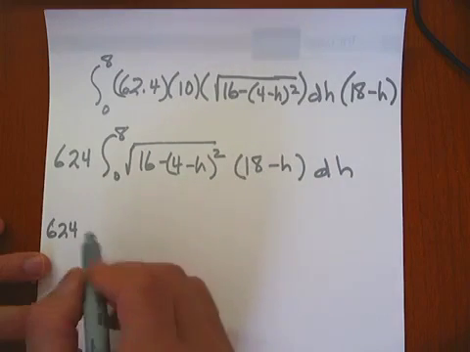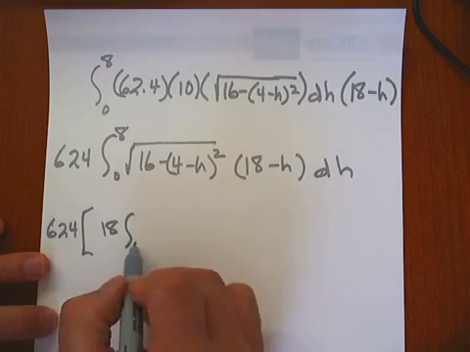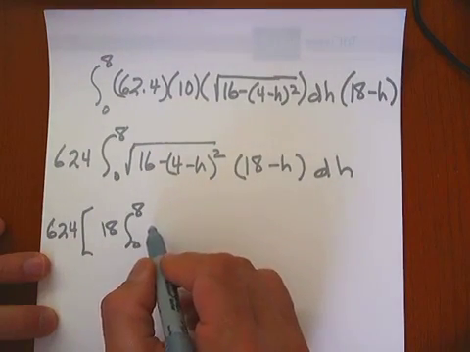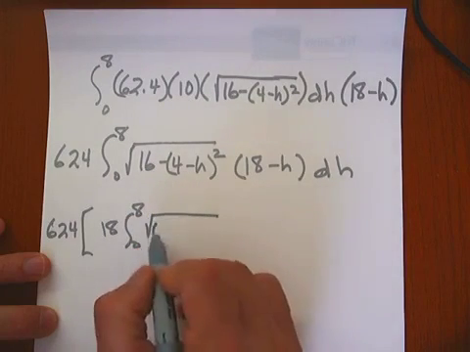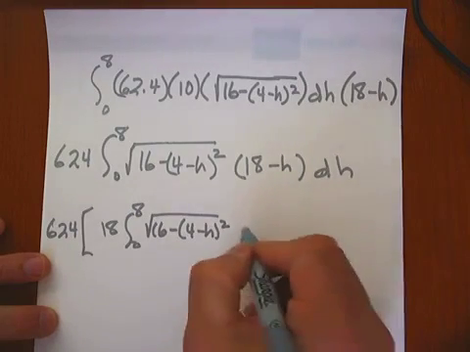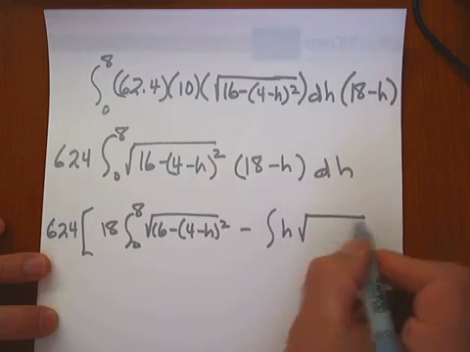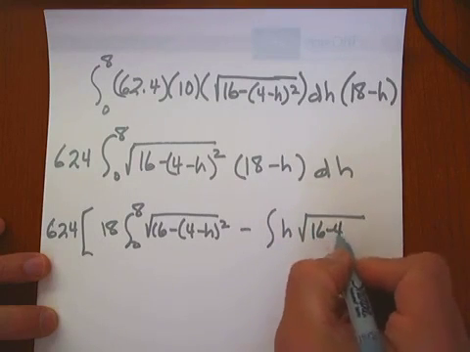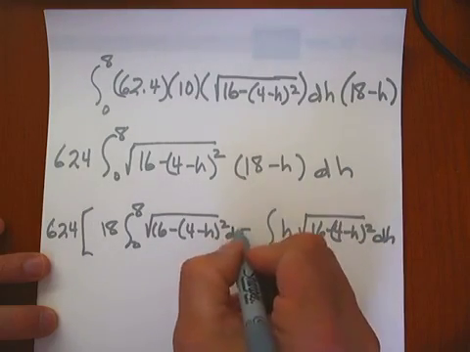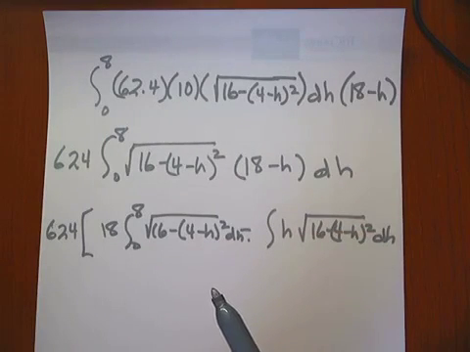And if you want to take it one step further, take 18 out. I'm just going to put brackets there: 18 times the integral from 0 to 8 of the square root of 16 minus (4 minus h) squared, minus the integral of h times the square root of 16 minus (4 minus h) squared dh.